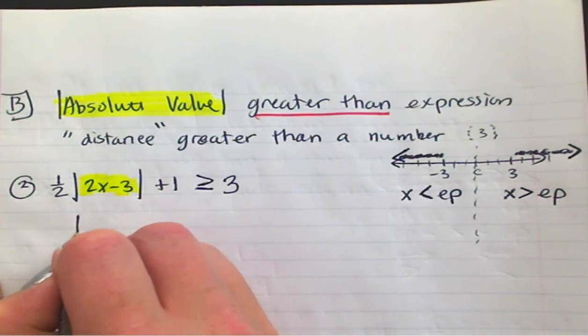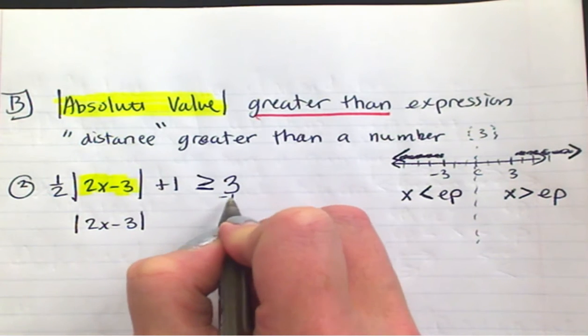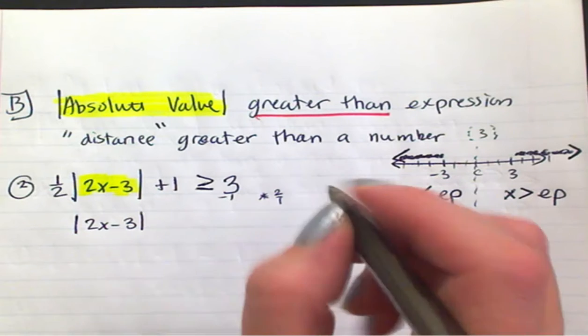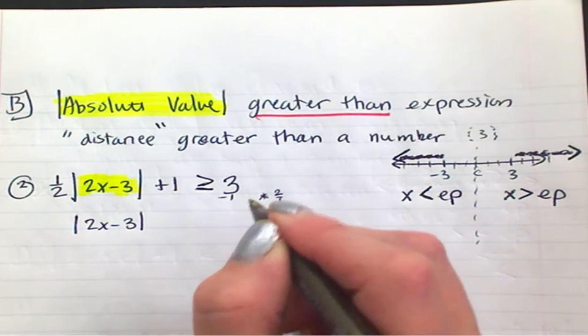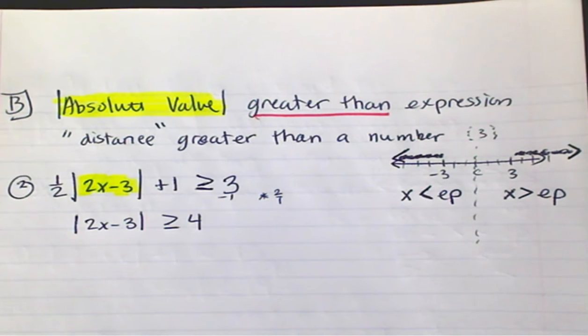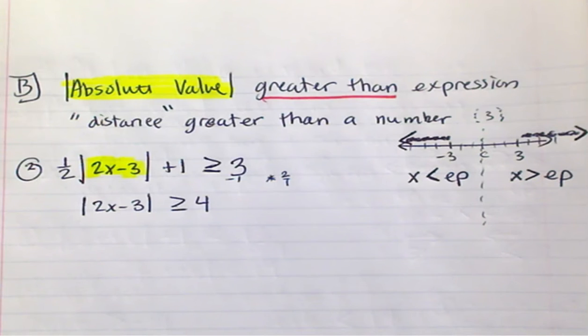So we get 2x minus 3. So I'm going to minus 1. Then I'm going to times by 2 over 1. 2. Greater than or equal to 4. Okay. I got it. I isolated it.